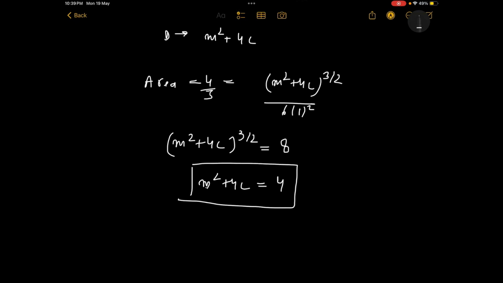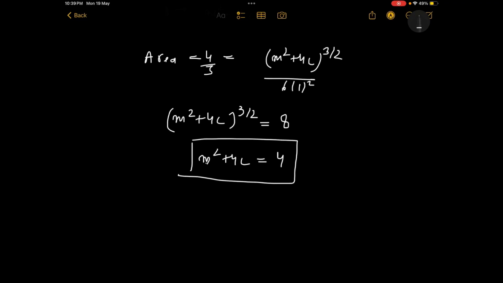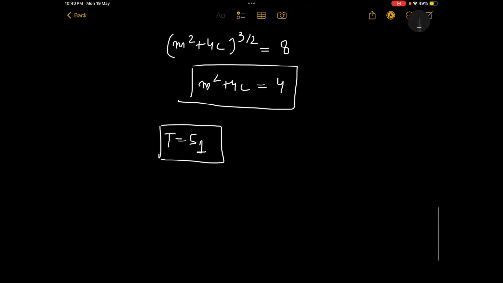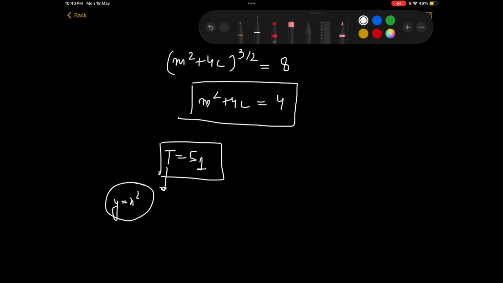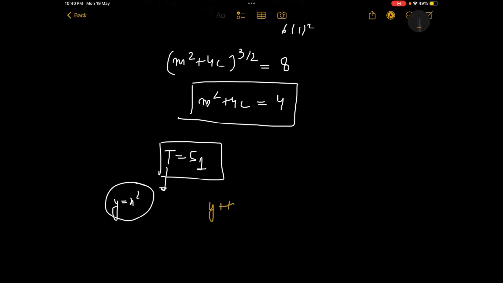Now we know that for any chord, the locus of its midpoint can be related by the equation T is equal to S1. Now T for the equation y is equal to x squared we are solving, so we can write it as (y plus k)/2 minus h into x is equal to h squared minus k.